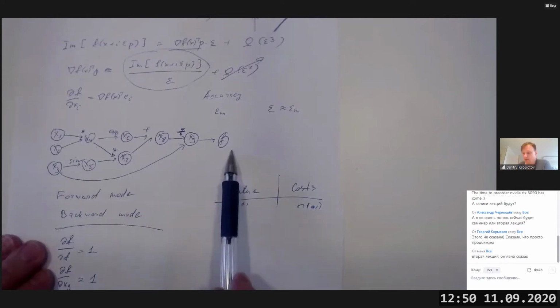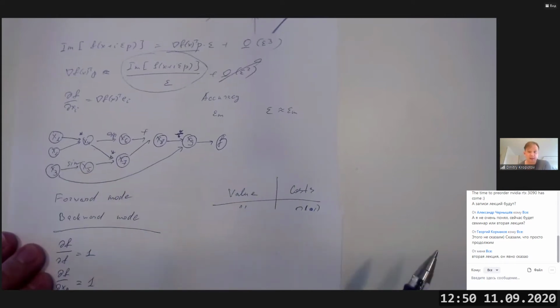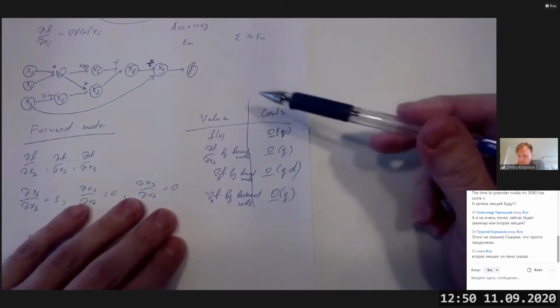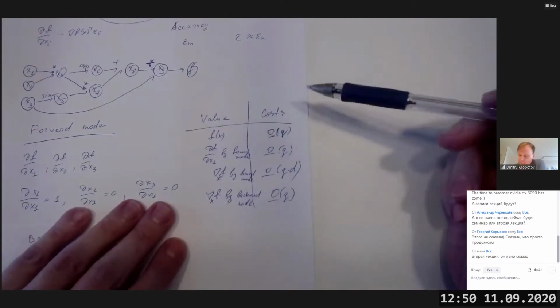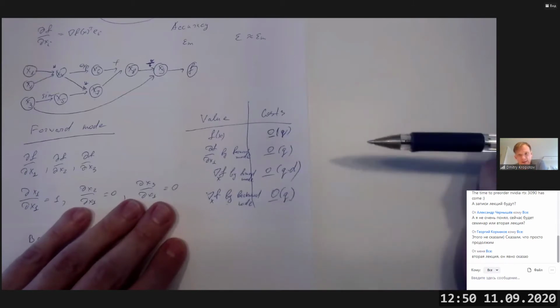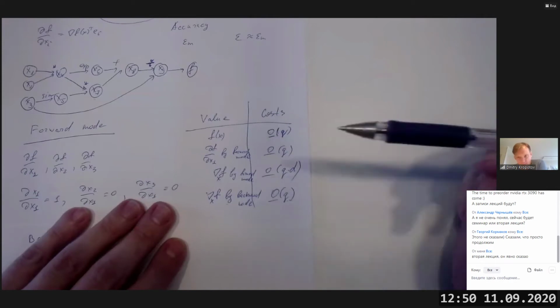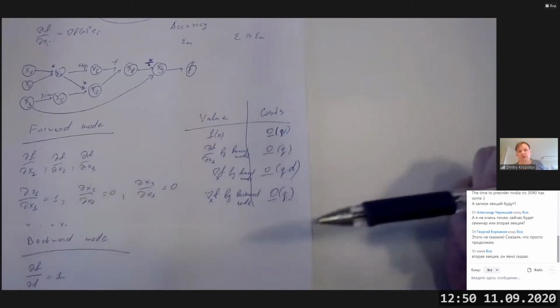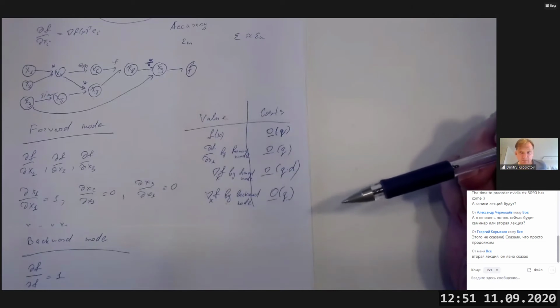So we do only one propagation through our graph and get the answer. It means that for the backward mode, for this particular real valued function, the calculation of gradient costs us the same, up to some constant, as the calculation of our function itself.